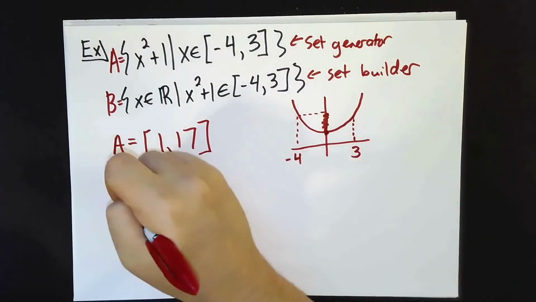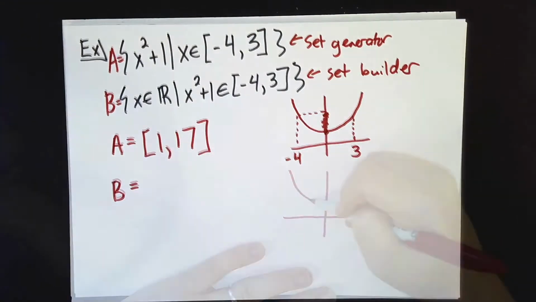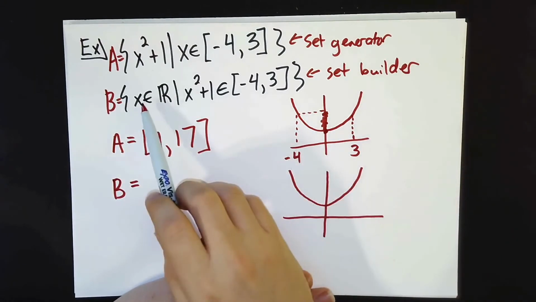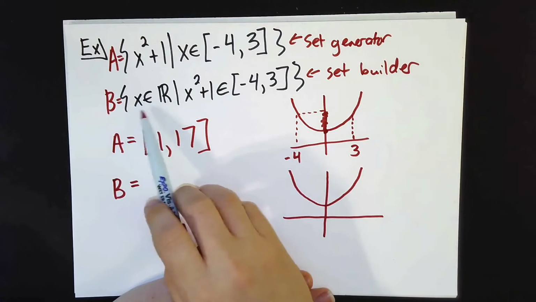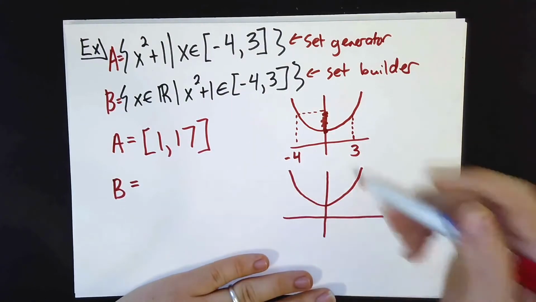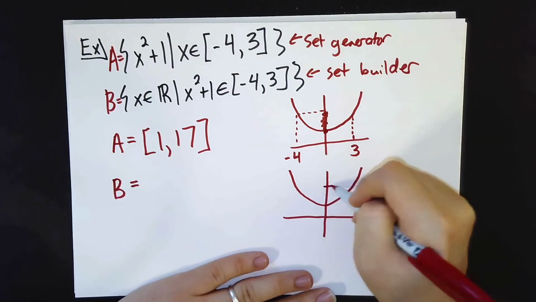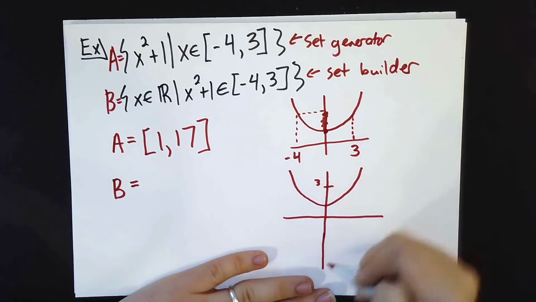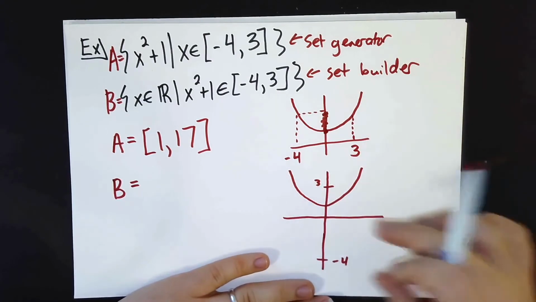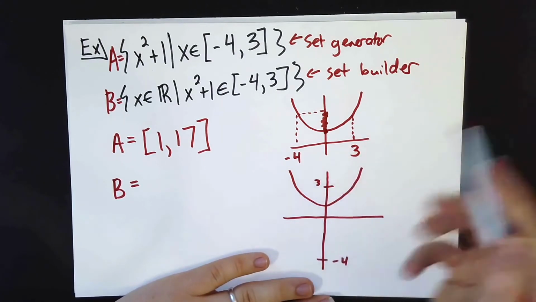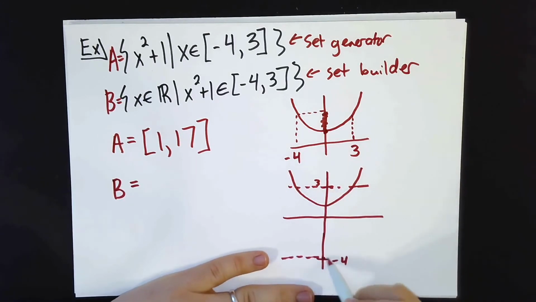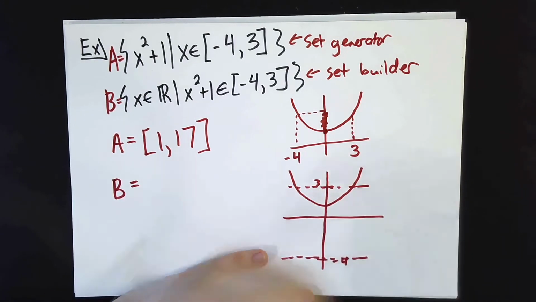So, again, I can really think of this in terms of the graph of x squared plus 1. But now I'm talking about a set of inputs to x squared plus 1 where the output ends up between -4 and 3. So if I mark 3 up here and -4 down here, I'm really looking for all of the inputs where the output x squared plus 1 ends up between here and here.